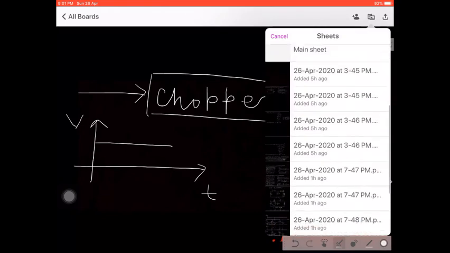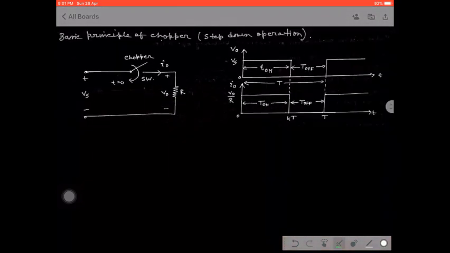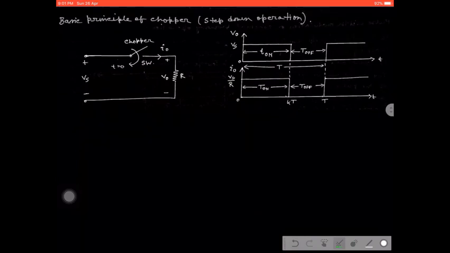This is the circuit diagram of the step down chopper, and the basic principle is focused through this circuit. Here we are using a chopper circuit in which we have applied one switch, and a resistive load. It can be a resistive load as well as an RL or RLE load. Any type of load can be applied for the chopper circuit.